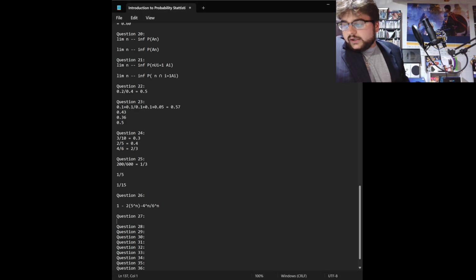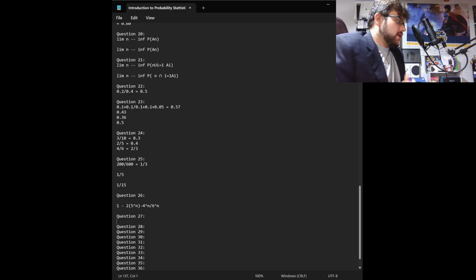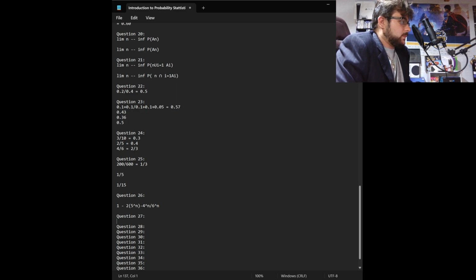Complete the following tree diagram. Now, if you were paying attention, the following tree diagram is the same tree diagram that we made in number 26. So I'm just going to read it to you. 1 leads to 0.8 and 0.2.